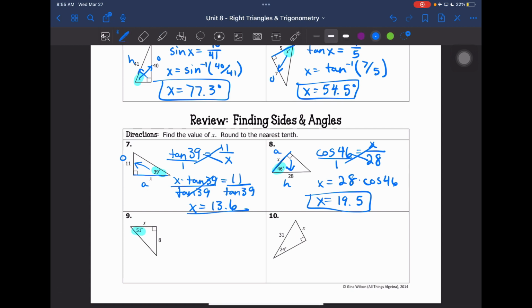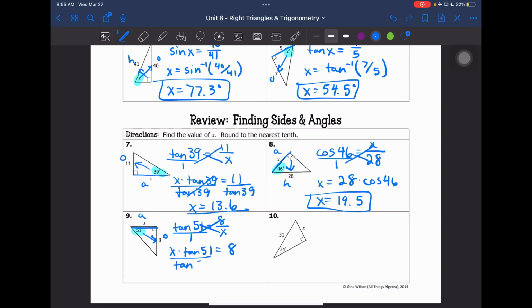I can tell that I'm working with both of the legs. This is an opposite leg, and this is an adjacent leg. So I'm going to go ahead and use tan again. Tangent of 51 is equal to opposite over adjacent, so 8 over x. And then I cross multiply. x times tangent of 51 is equal to 8.